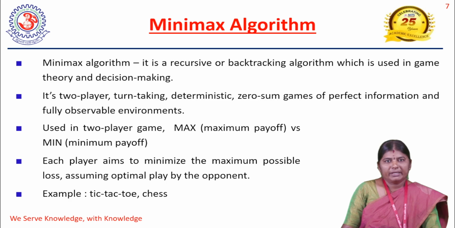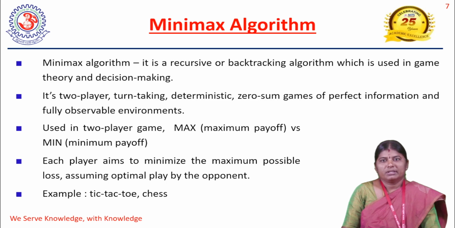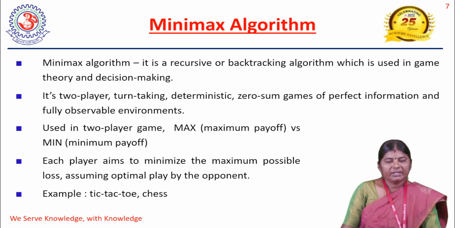It is for two-player games like chess, tic-tac-toe, board games or strategic games. The main objective of this algorithm is to find the best optimal move even in worst-case scenarios, that is, even if both of them play optimally.